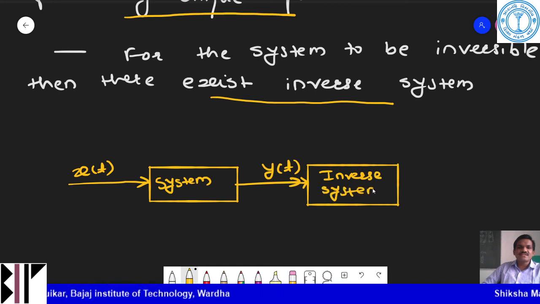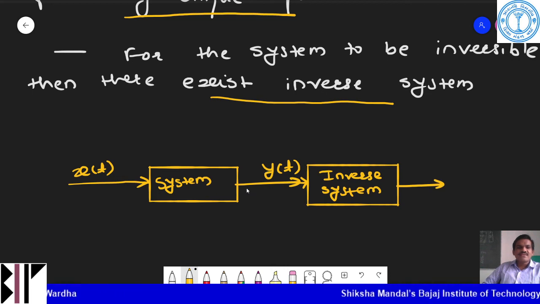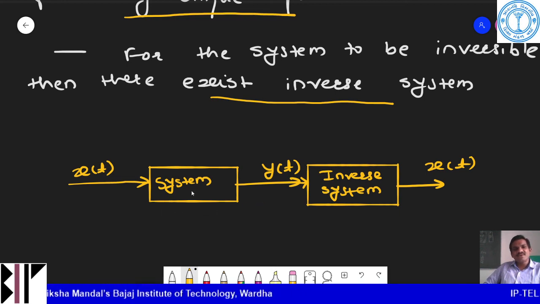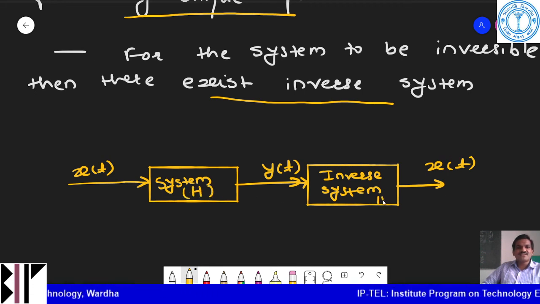Here two systems are cascaded: one is the system, defined as H, and the inverse system is defined by H inverse.